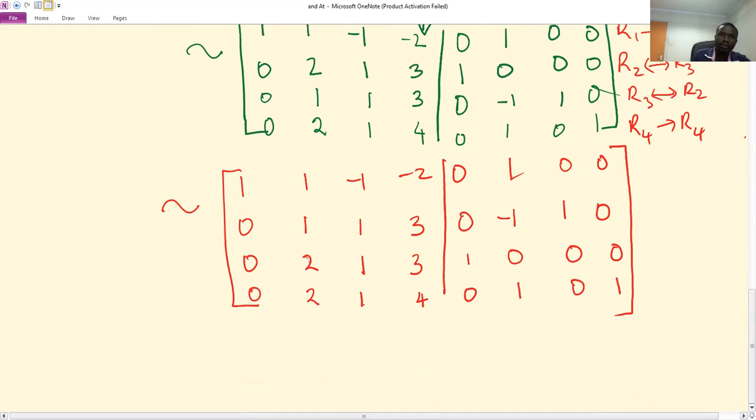Now we expect this to be 0, so row 1 remains row 1, row 2 remains row 2, but now we use row 2 to correct row 3 and row 4.